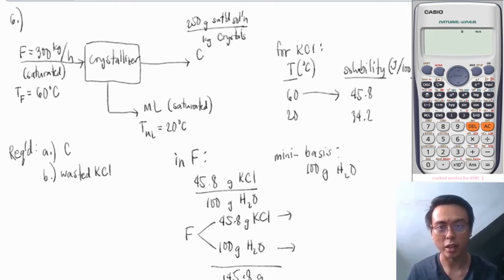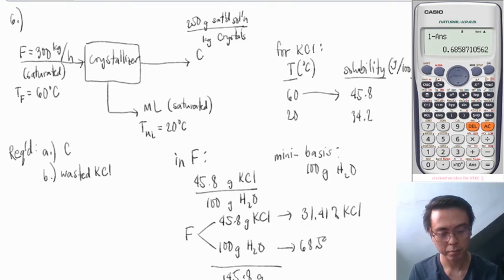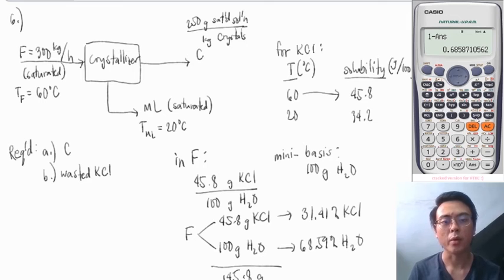For KCl, that would be 45.8 divided by 145.8. I will be writing this in terms of percentage. So this is 31.41% KCl. And then for the water, you simply subtract this from 1: 68.59%. See, we have converted from solubility data to mass fractions or mass percentage.